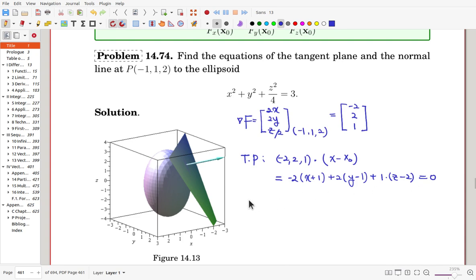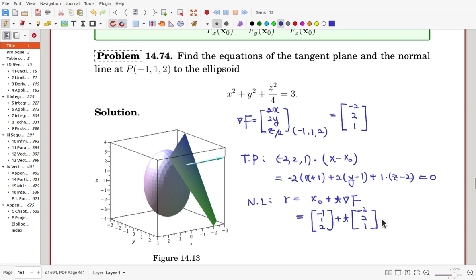Now, how about the normal line? The normal line r is the point x0 plus t times gradient of F. In detail, x0 is (-1, 1, 2), plus t times the gradient of f, which is (-2, 2, 1).